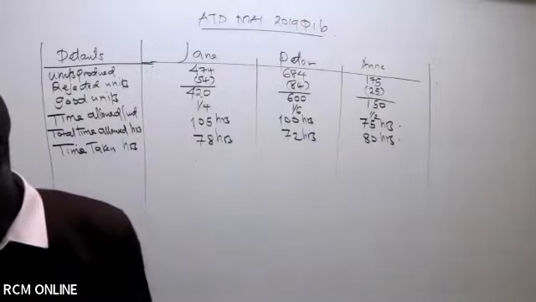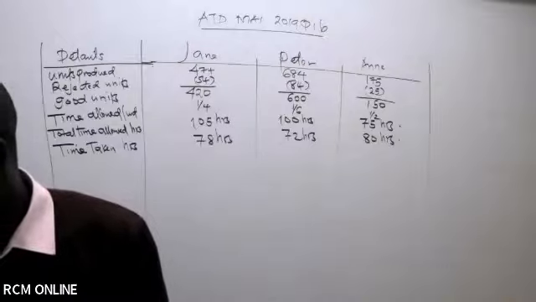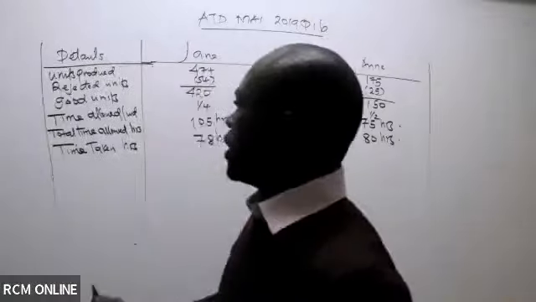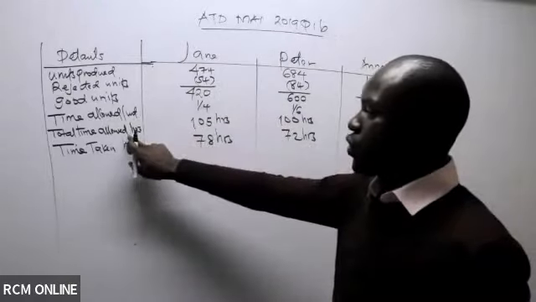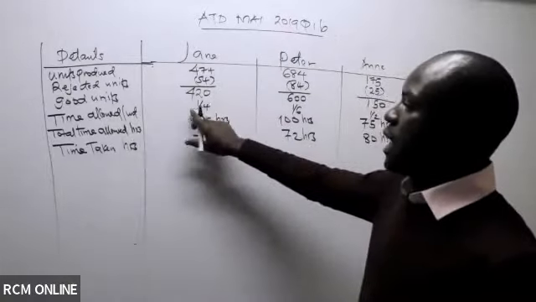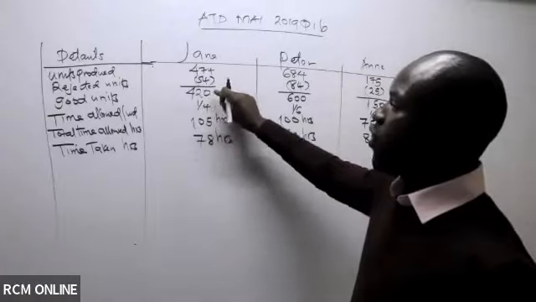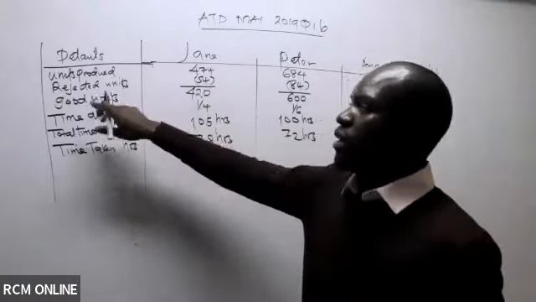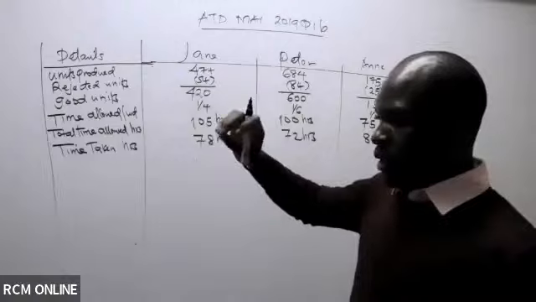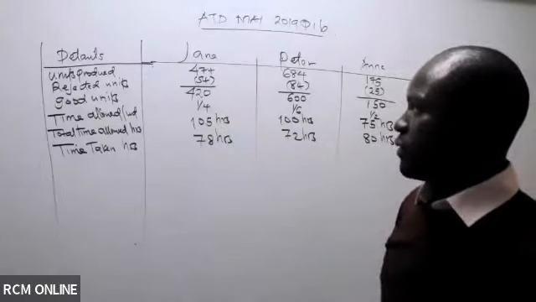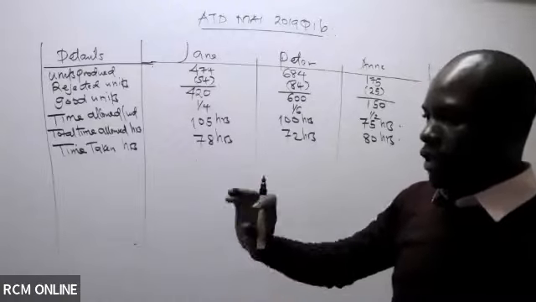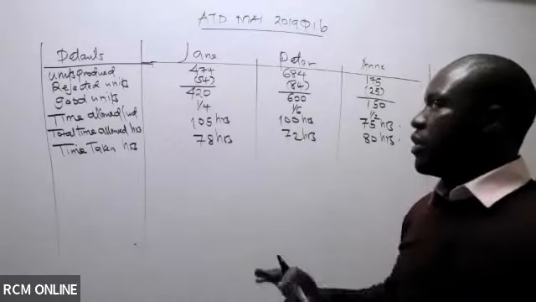There's a question here. Will time allowed include rejected units? No, that's why we did this. Total time allowed is the time allowed per unit multiplied by the good or accepted units. Why are we not taking quarter of 474? Rejected units will not be compensated.